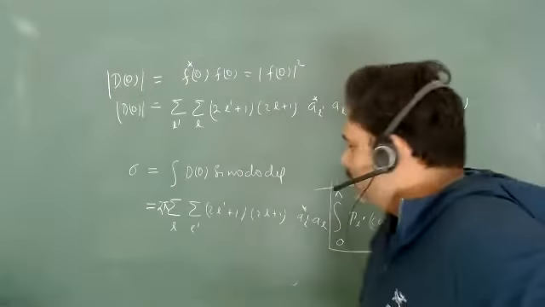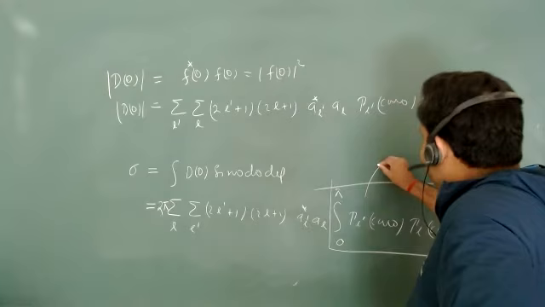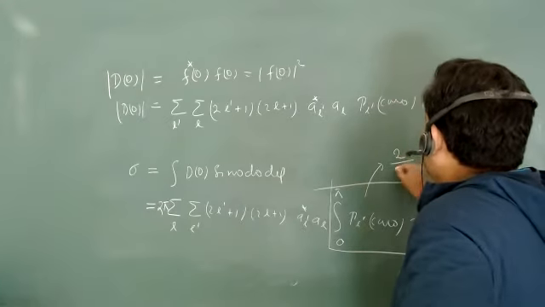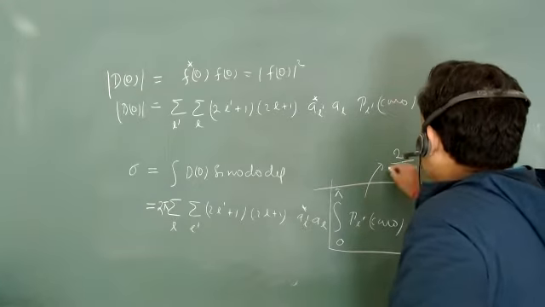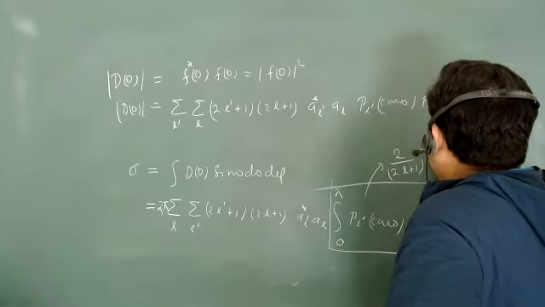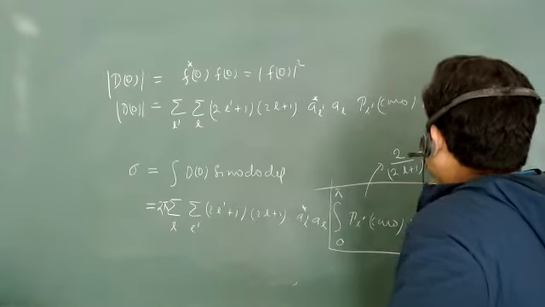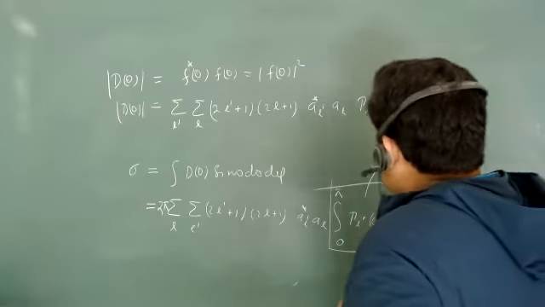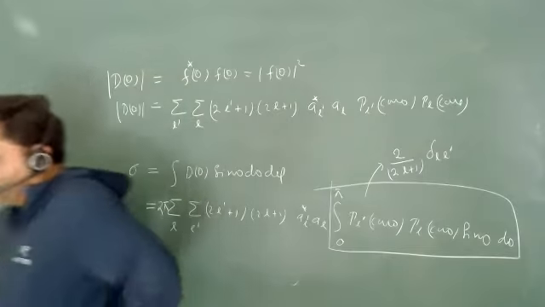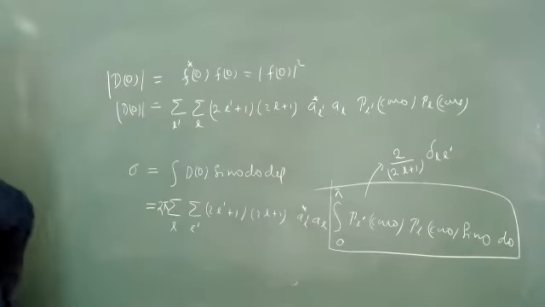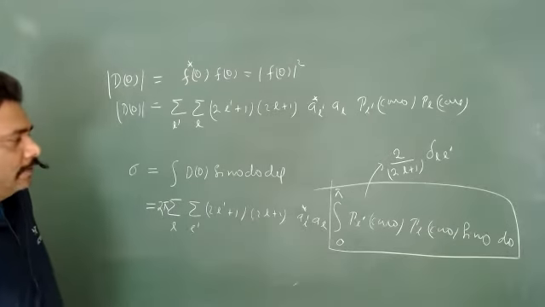This integral is nothing but 2 upon 2L plus 1 delta L L dash. This is the orthonormality relationship, isn't it? Do you remember? Alok sir must have taught you this, right?